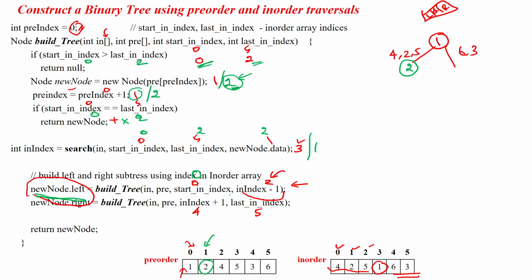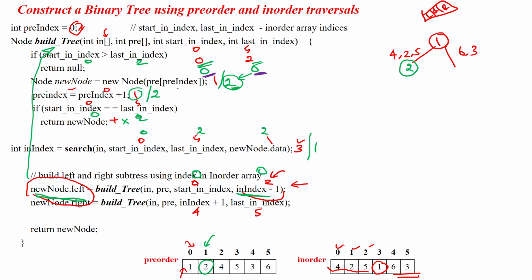Then the next one is inorder index minus 1. What is the inorder index? 1. So 1 minus 1 is 0. So again we are calling the recursion here, passing 0 as the first index and 0 as the last index.